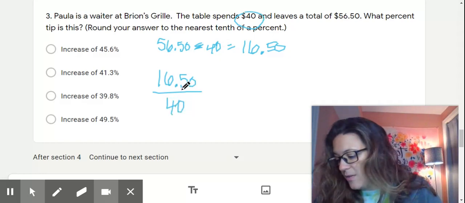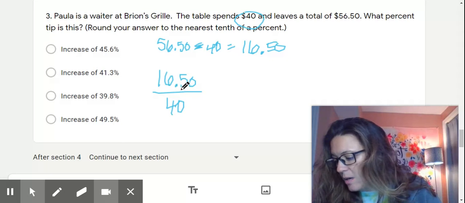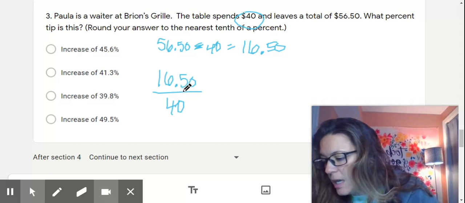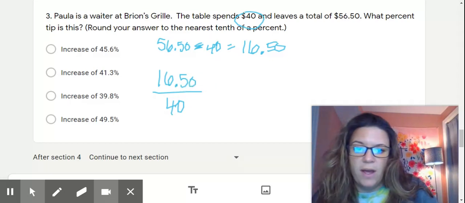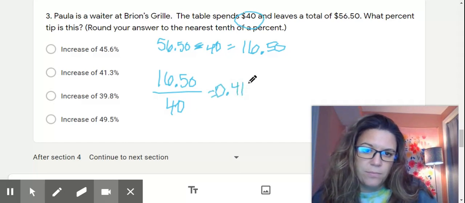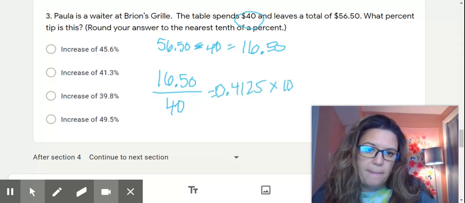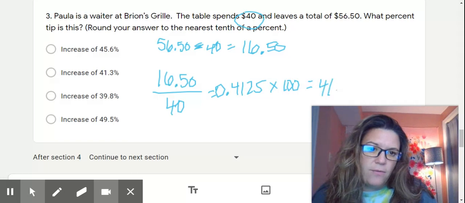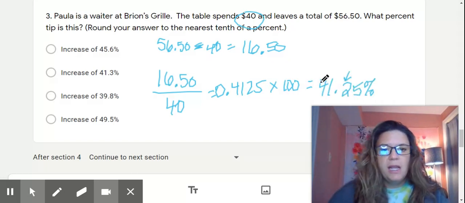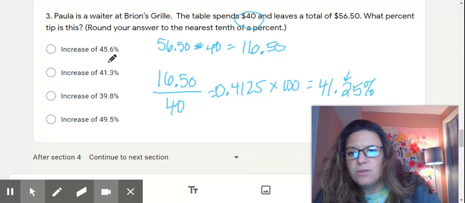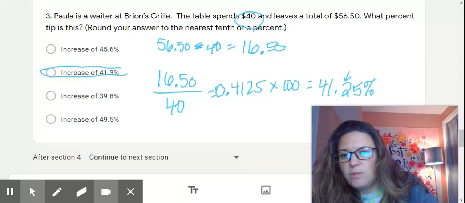So $16.50 divided by the 40, which was the original, is 0.4125. Multiply that by 100 to get my percent. 41.25%, round to the tenths place, so that's a 3. And it went up, so I'm at 41.3%.